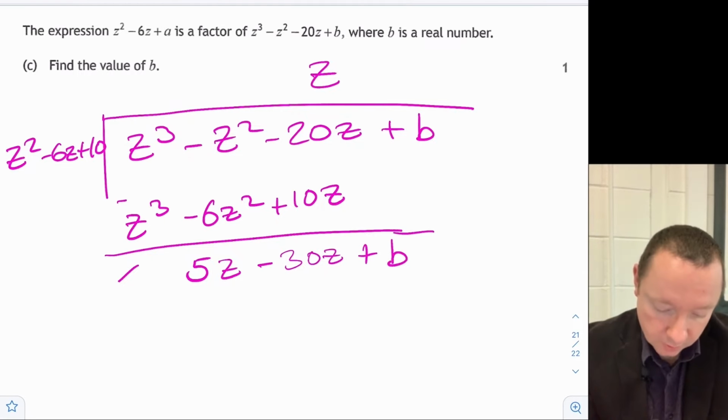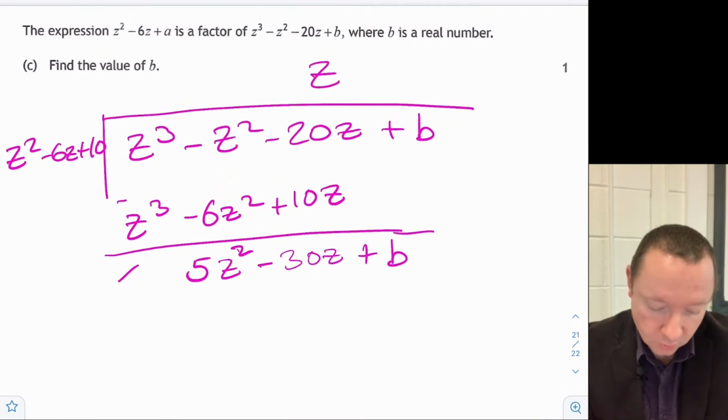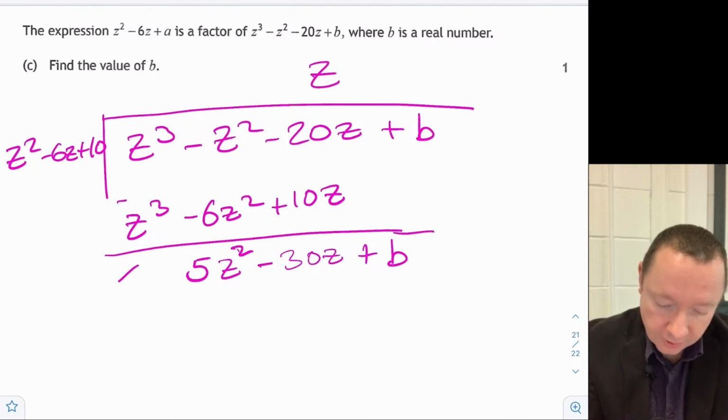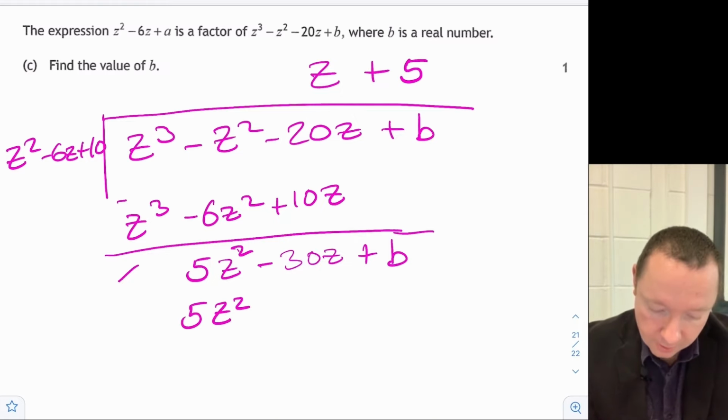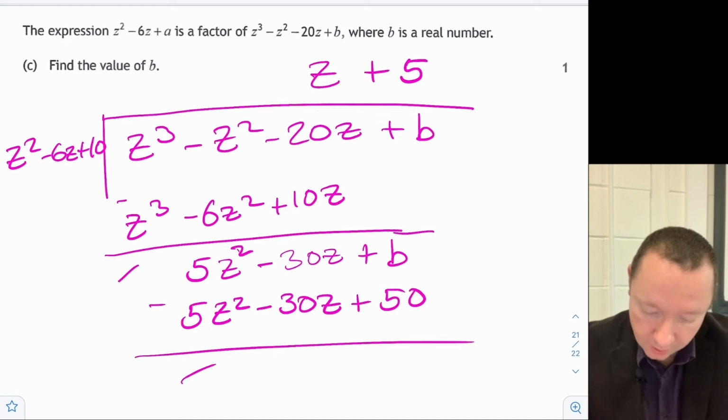Z squared goes into 5z squared 5 times. So that gives us 5z squared minus 30z plus 50. Take them away then. That's nothing, that's nothing, and that gives us b take away 50.